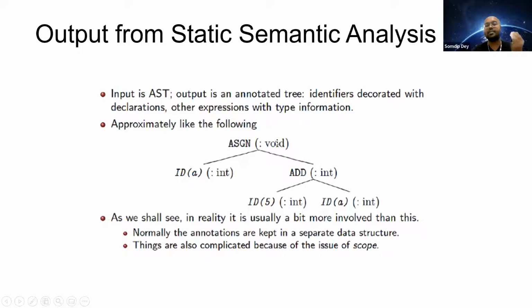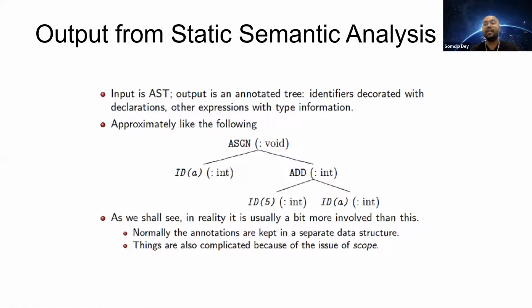Assignment technically doesn't have a type, so we add a void type to it. Same with addition, where the output type is an integer. So we are adding more information about the type to the AST, and this is the theoretical representation of the output of static semantic analysis.